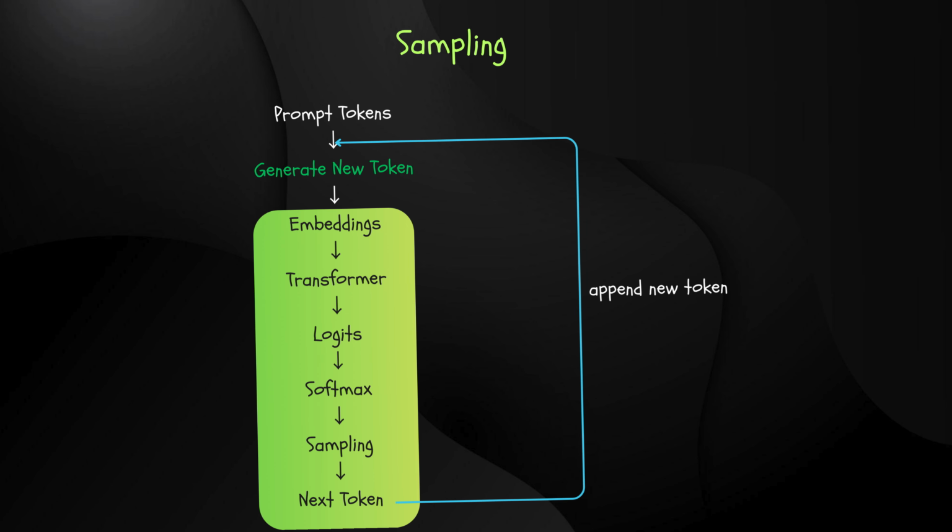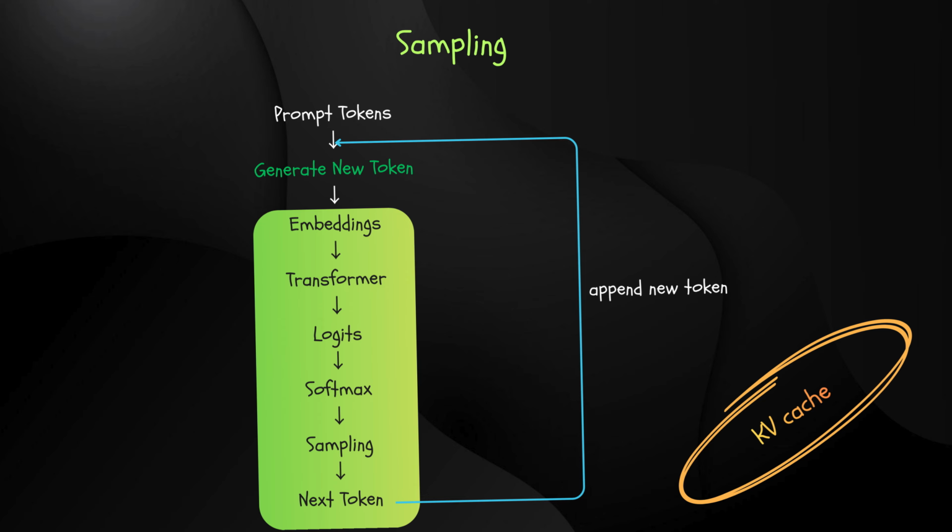Now, if you've been paying attention, you might be wondering, wouldn't recomputing all of this for every new token be incredibly expensive? And you're absolutely right. Modern language models use an optimization called KV cache. Instead of recalculating everything from scratch, the model reuses information from previous steps whenever possible.